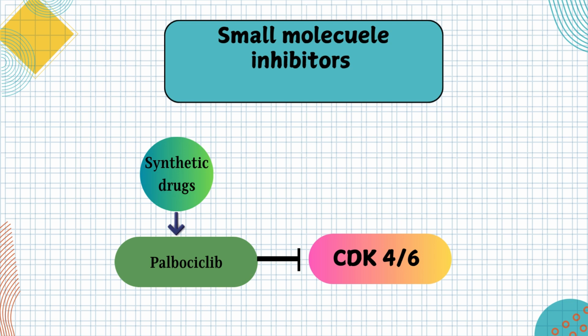This is very important for transitioning from G1 to S phase, because in S phase DNA synthesis takes place, but when this synthetic drug inhibits CDK4/6, it will halt the cell cycle. So you can understand from this concept.